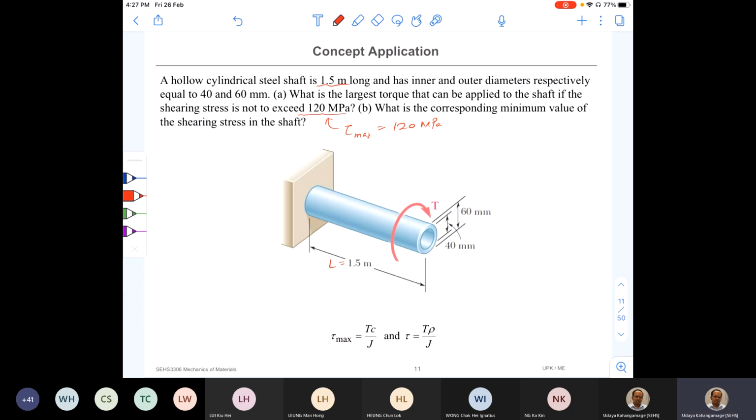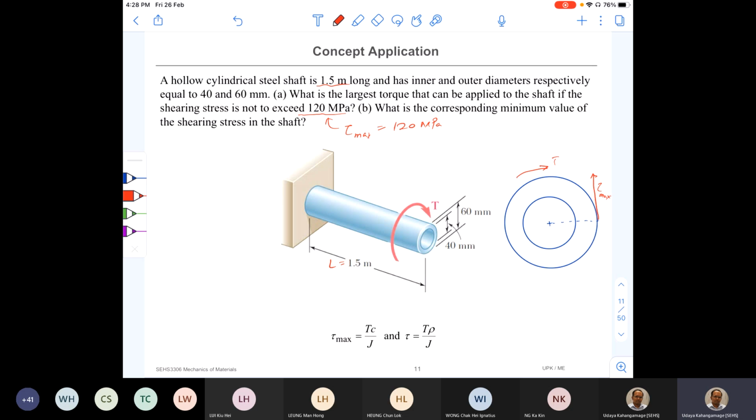Okay. For a circular cross section, I'm going to draw a bigger diagram so that I can draw the stress distribution. If I take one section here, once I apply this torque T, the maximum shear stress is going to be on the outer surface, tau max.